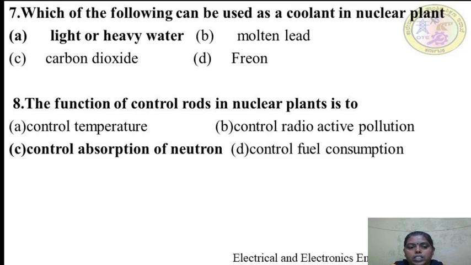The answer is C. The function of control rods in a nuclear plant is to control the absorption of neutrons.